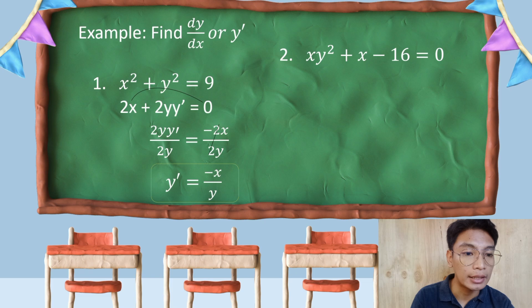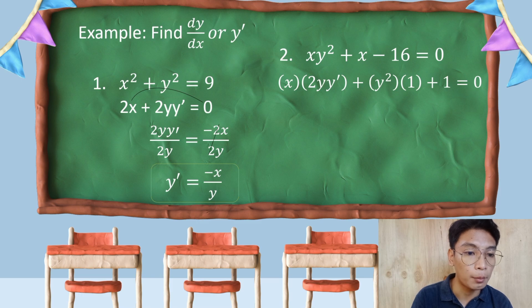For the first term, x y squared, we're going to use the derivative of multiples, which is x multiplied by the derivative of y squared, plus the y squared multiplied by the derivative of x, which is 1.